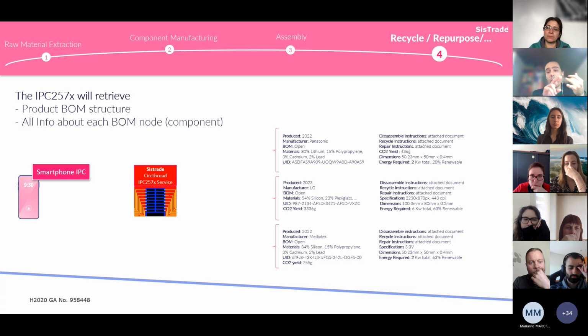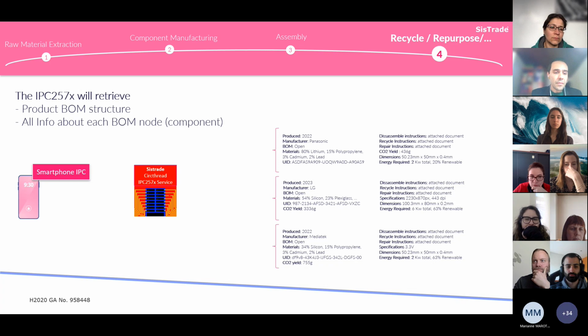We want to know how many components, how the components are organized, how we can disassemble them, what are the materials that we can extract from each of the parts, and all of that information is in an IPC file that comes with the smartphone.